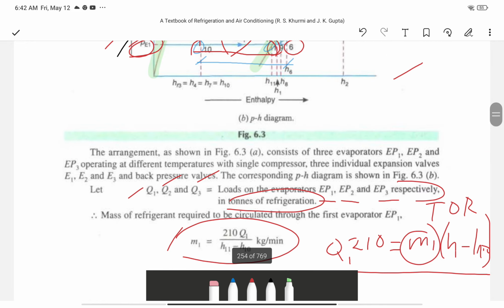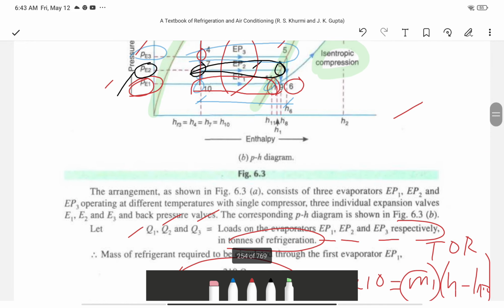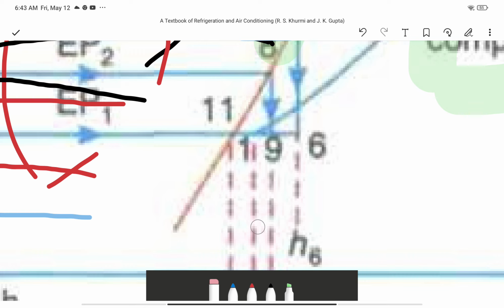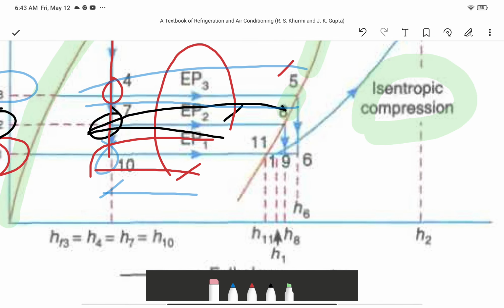So point 1 now is not along the saturation line. It's outside, it's here.